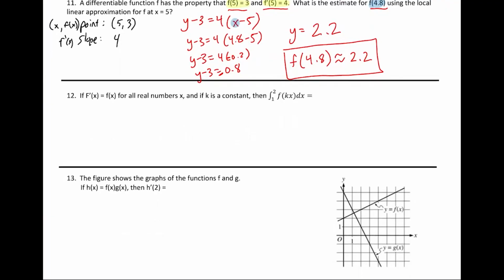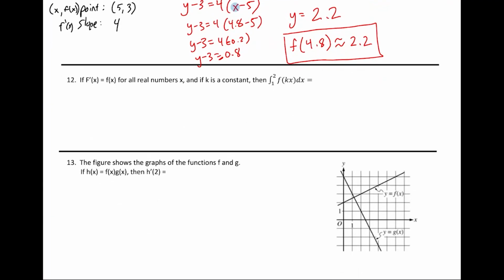Number 12, if the derivative of big F is little f for all real numbers, and k is a constant, then what's the integral from 1 to 2 of f of kx dx? So we are going to use the fundamental theorem of calculus here.